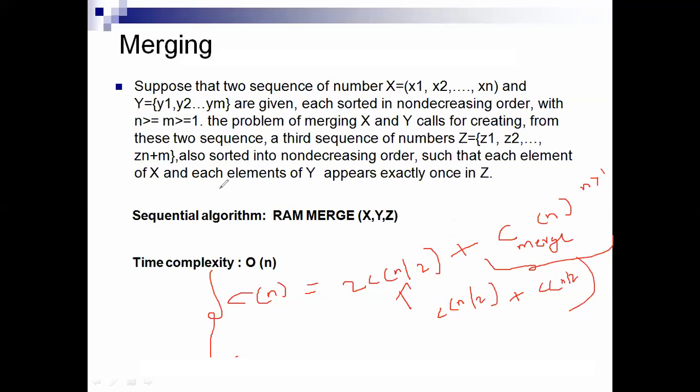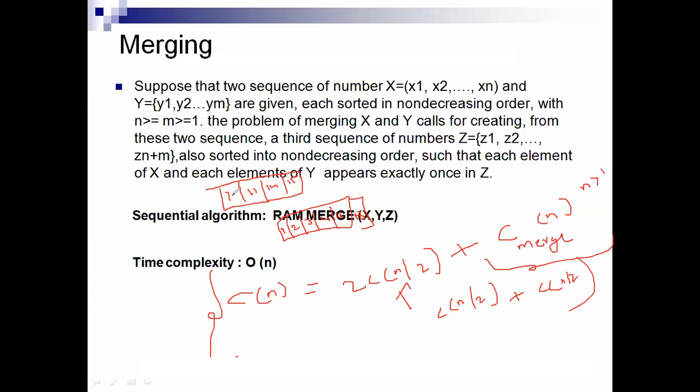For example, I am taking this example: 1, 7, 11, 14, 15 and 2, 3, 4, 16, 18.